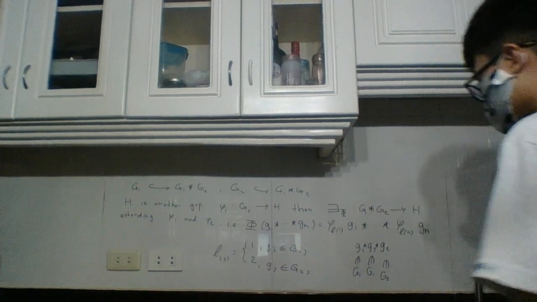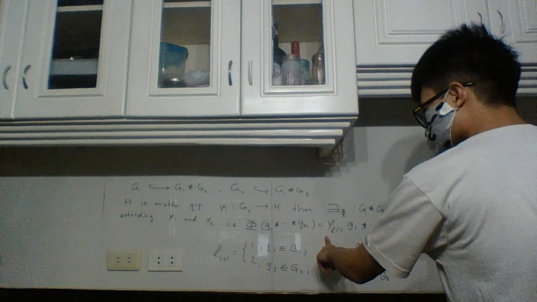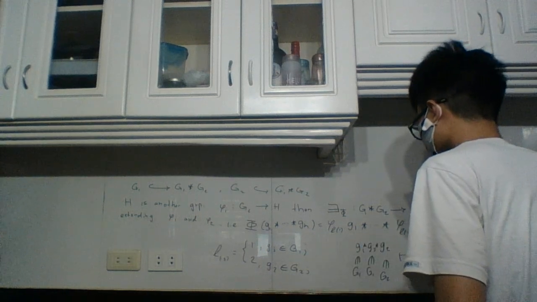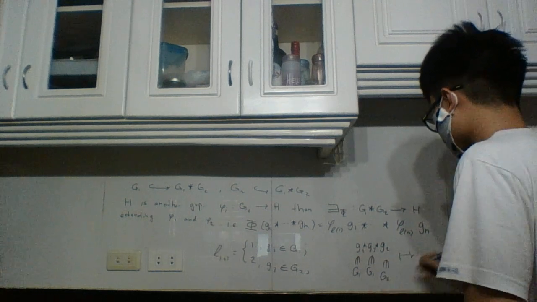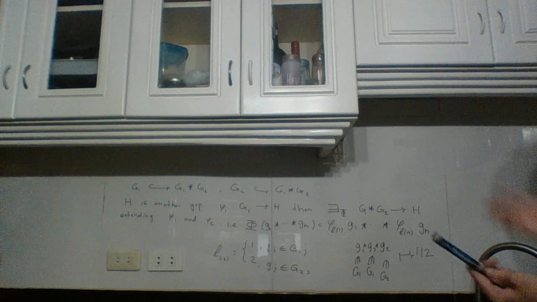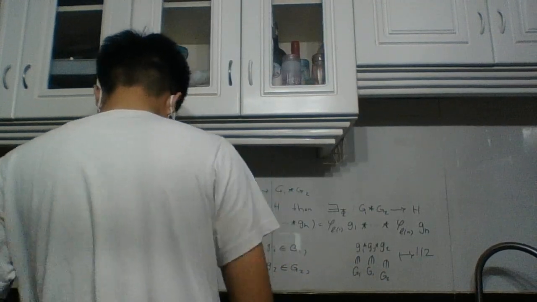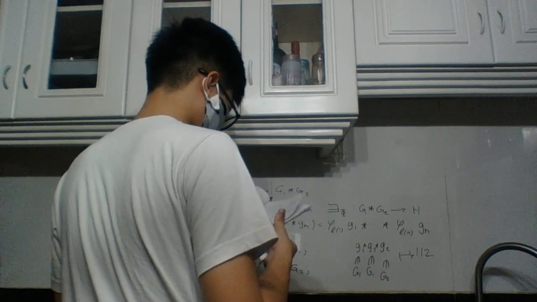So under the transformation, I believe this becomes 1, 1, 2. So it's another way of indexing or transforming it, and that's another property of free products.